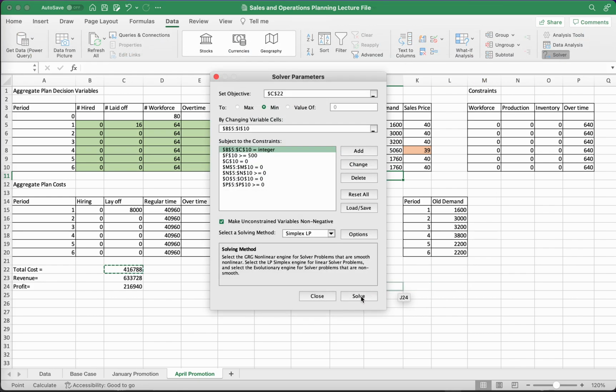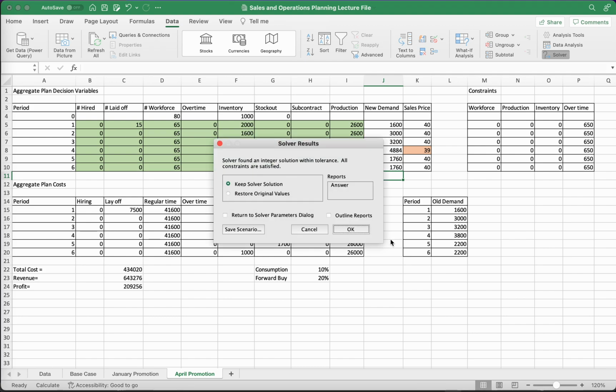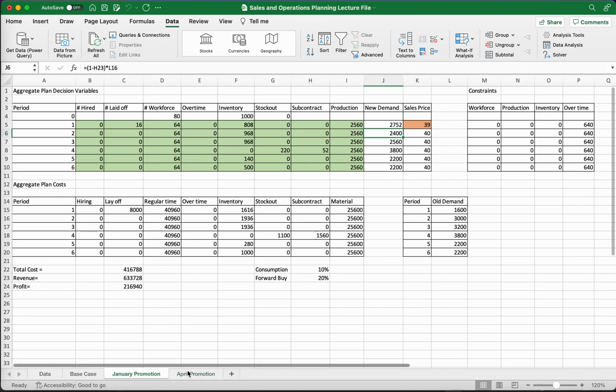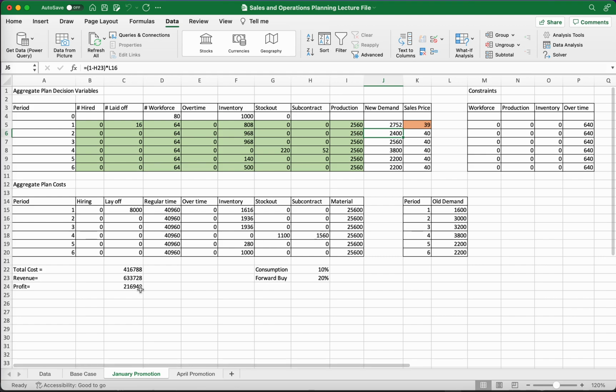There you go, found a solution. You'll notice that this time we have only laid off 15 workers and we're keeping 65 workers. If you look at the profit values, our overall profit has gone down to $209,256 as opposed to $216,000.